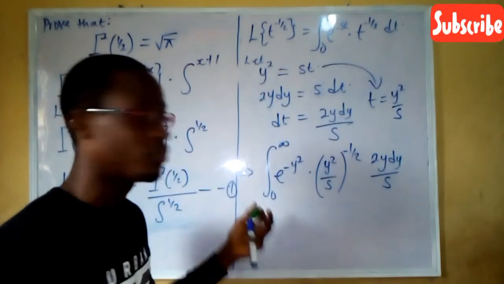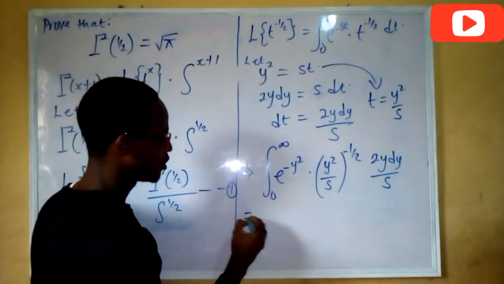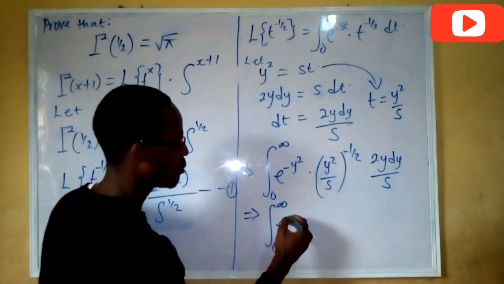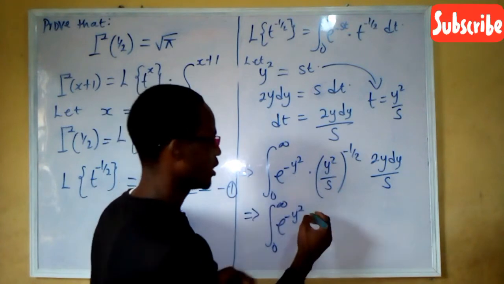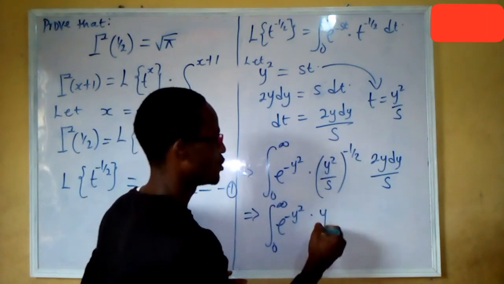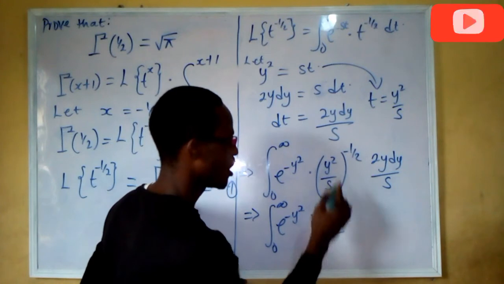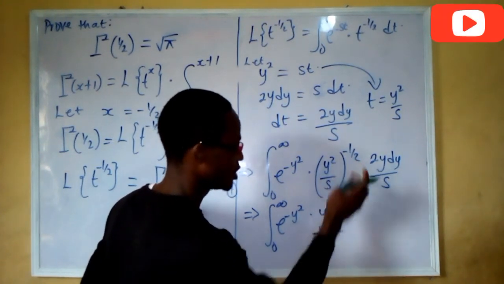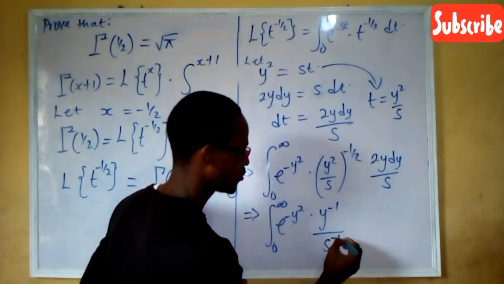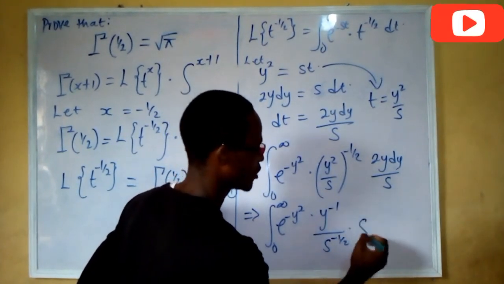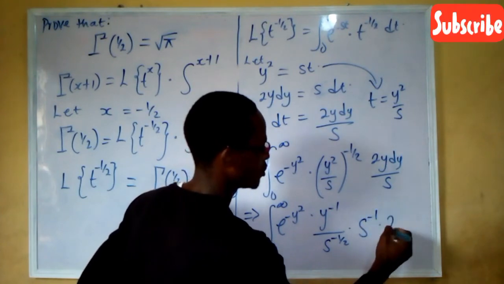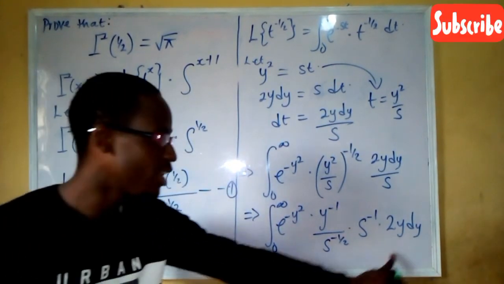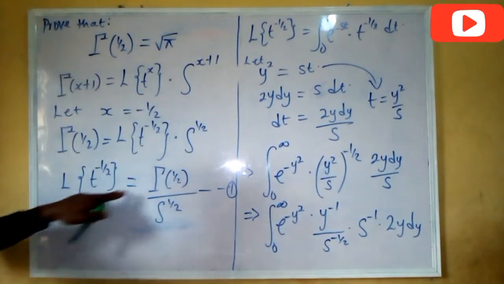So meaning I'm going to have the integral from 0 to infinity of e raised to the power minus y squared, and this gives us y raised to the power minus 1 all over s raised to the power... this gives s raised to the power minus half, dot this gives us s raised to the power minus 1, dot 2y dy. So just keep looking as we continue to simplify what we have here.